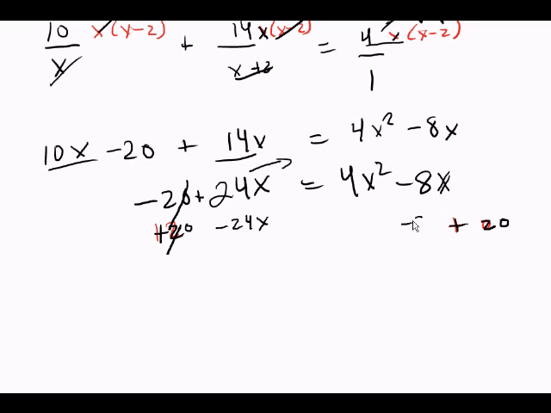Okay. Now, what else do I have to do to get this 24x to the other side? Subtract 24x, and I'm going to subtract 24x. On this side, I get 0. On the other side, I get 4x squared. What else do I get?